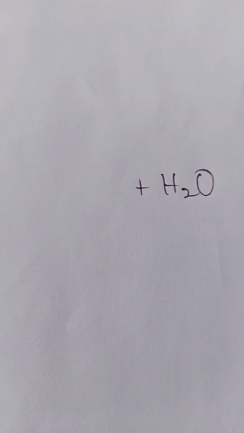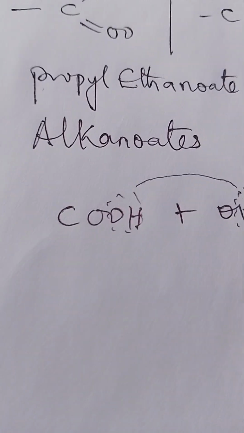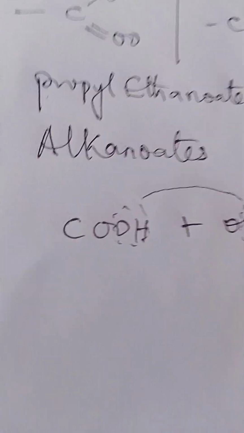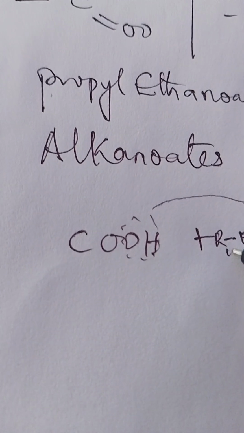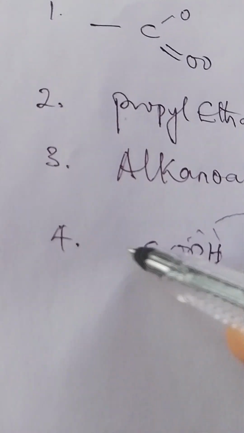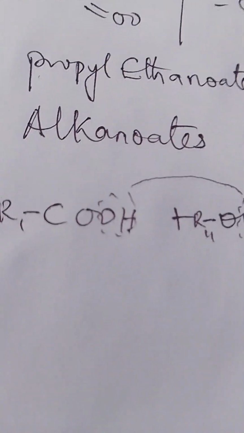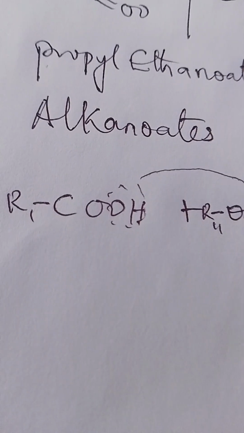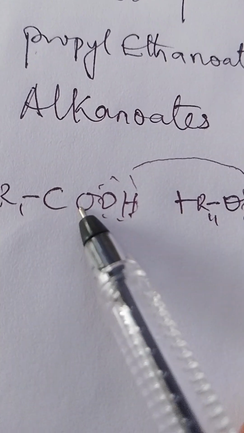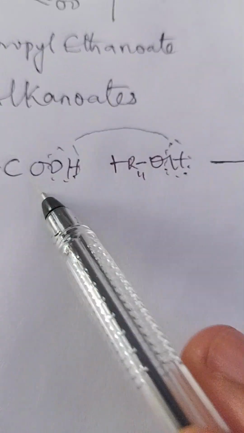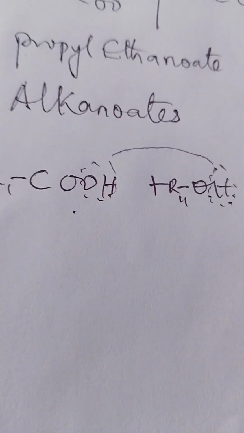Now you see this one here. Let's assume there's a group here which I will call R2, and assume there's a group here which I will call R1. When you are writing it, you write the carboxylic acid first, either here or here. Whenever the structure is formed, it will come here.